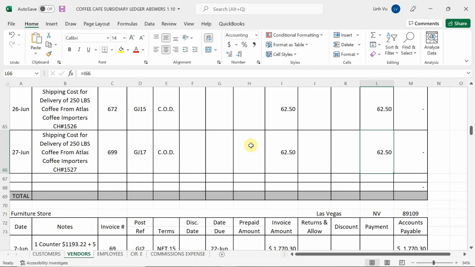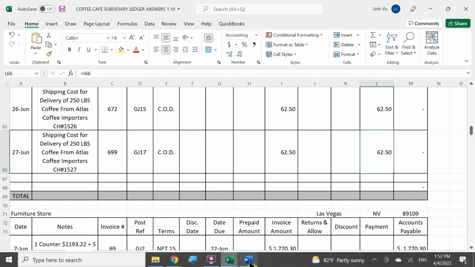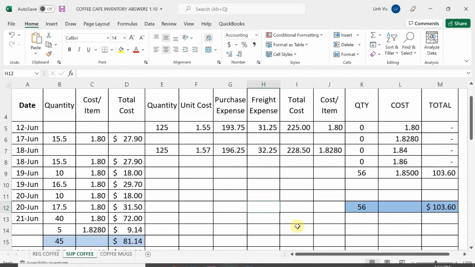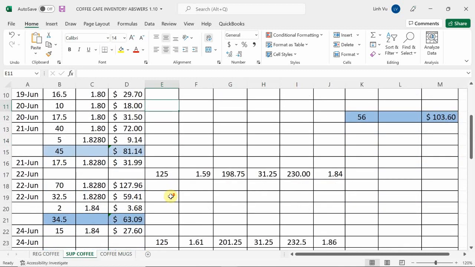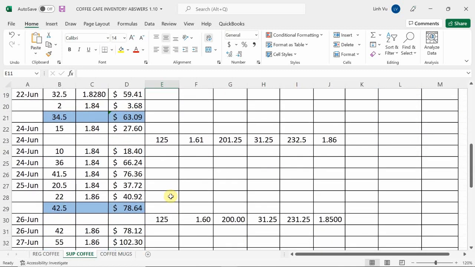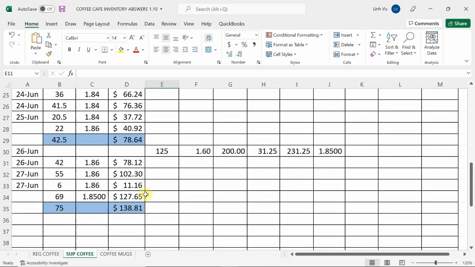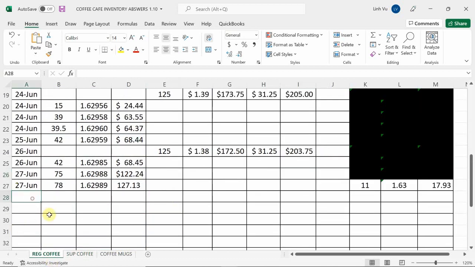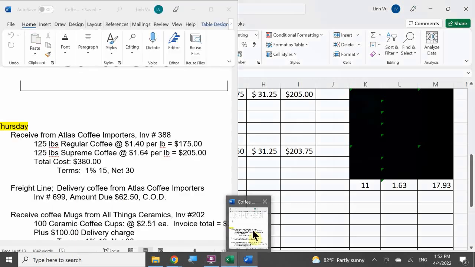So what's next? The inventory. Inventory worksheet. Okay. So let's see. Let's start with regular coffee. It's the 27. And we purchased 125 pounds. Okay.